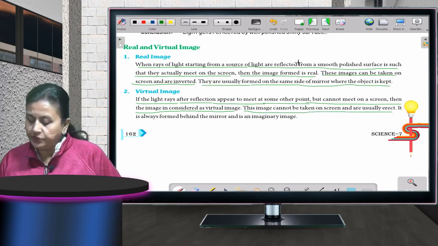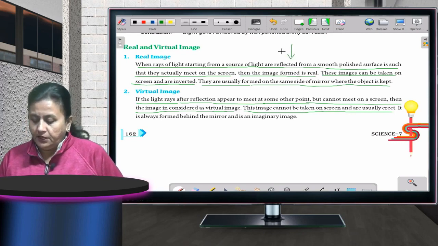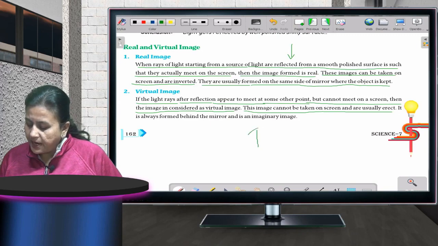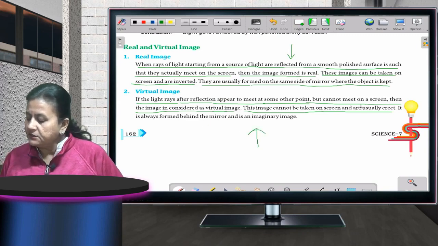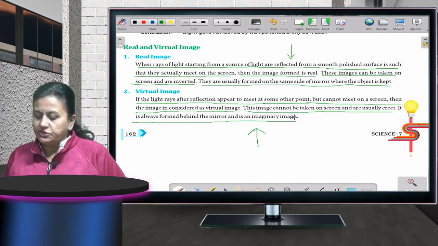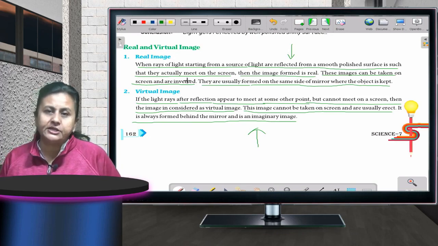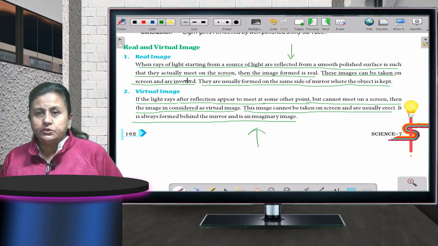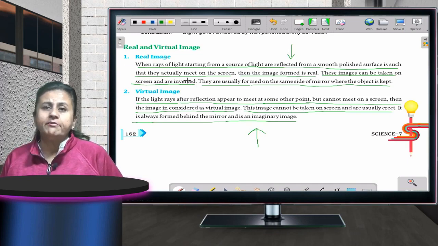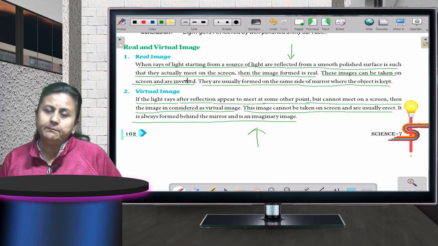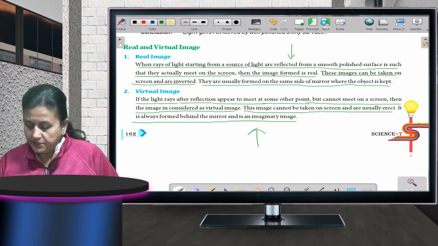I told you the real image is inverted, and here the image formed is upright. It is formed behind the mirror and is an imaginary image. Real images are formed on the screen, and a virtual image is just imaginary. It's not necessary that the image should be formed on the same side where the object is placed. Okay, fine children.